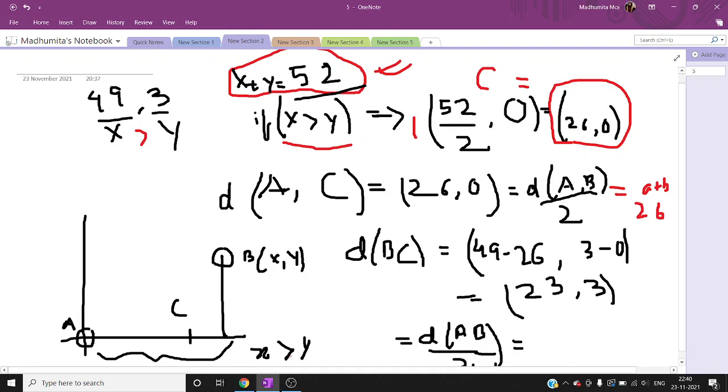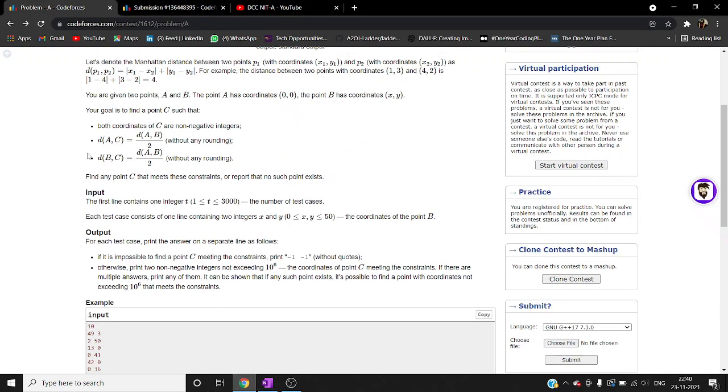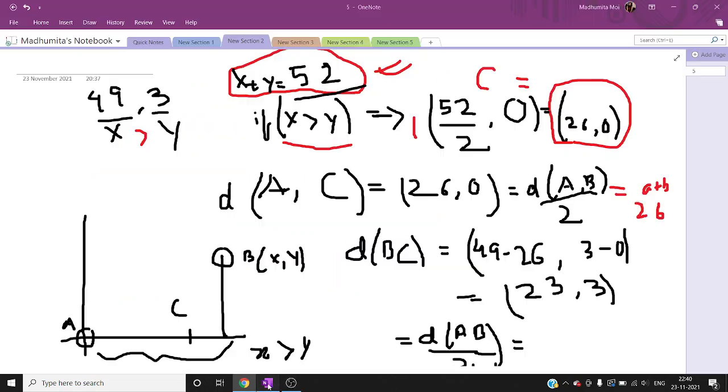Now we have the second condition. What is the second condition? The distance of B to C should also be equal to the distance of A to B by 2. So let's get the distance B to C. This is the reason why we are having two conditions, whether x is greater than y or y is greater than x. B to C is (x minus A, y minus B), that is 49.